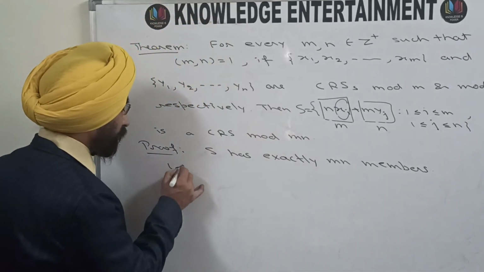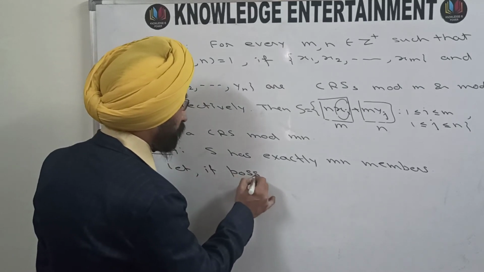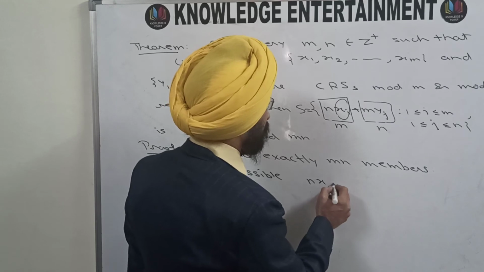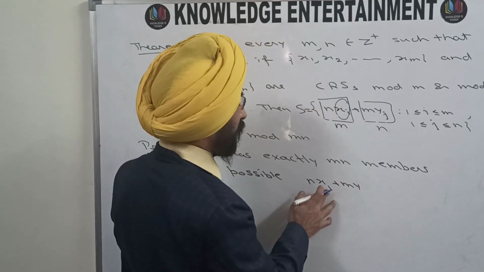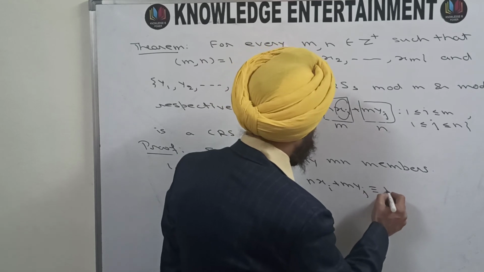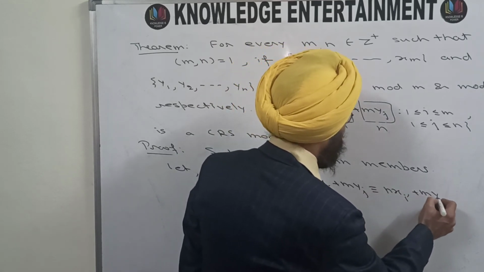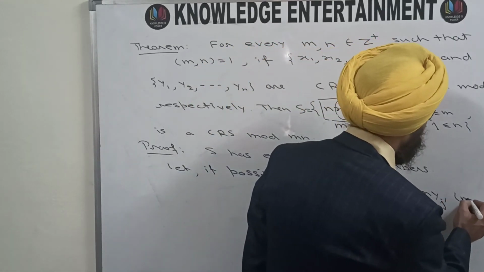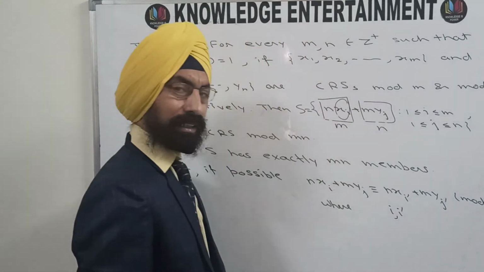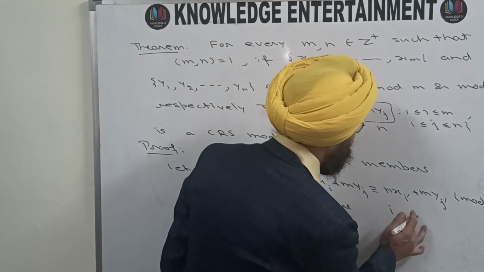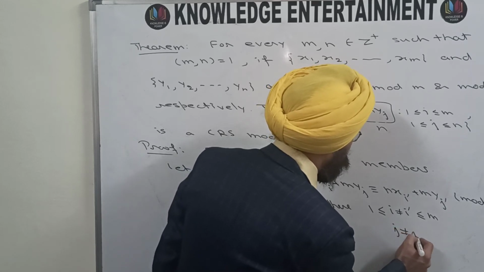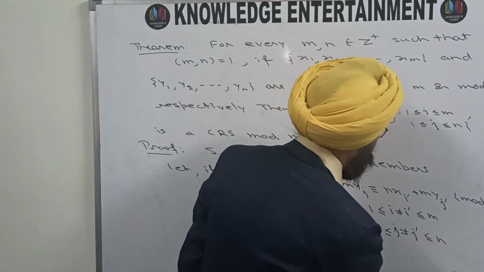So let, if possible, there be two members nxi plus myj congruent to nxi dash plus myj dash modulo mn, where i is not equal to i dash, varying between 1 and m, and similarly j is not equal to j dash, with values between 1 and n.